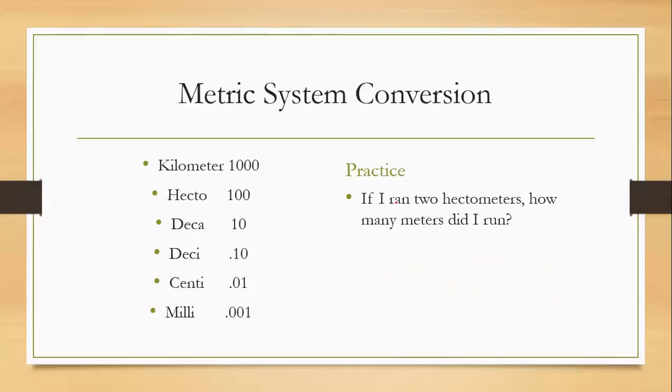Okay, so now if I ran 2 hectometers, how many meters did I run? So now we are converting with hectometers. And so I can write my known. I know that there are 2 hectometers. And looking over here at our chart, how many meters are going to be in a hectometer? Yep, it's going to be 100. So we know we're going to be working with 100. So if we are going from hectometers to meters, we are going to expect this number to grow.